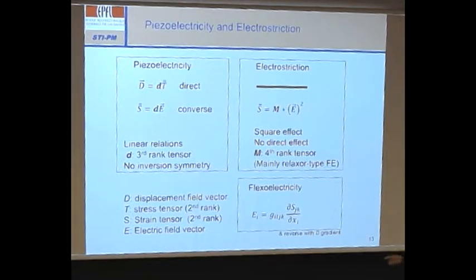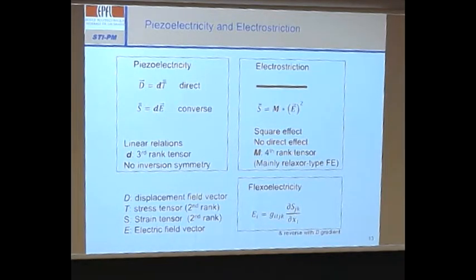So this transforms like a product of x1, x2, x3, x4, or something like that. And so with the inversion, this doesn't change. There's also the inverse effect, because you can have a strain gradient producing a polarization. That's also possible. Okay, so that's the piezoelectricity.